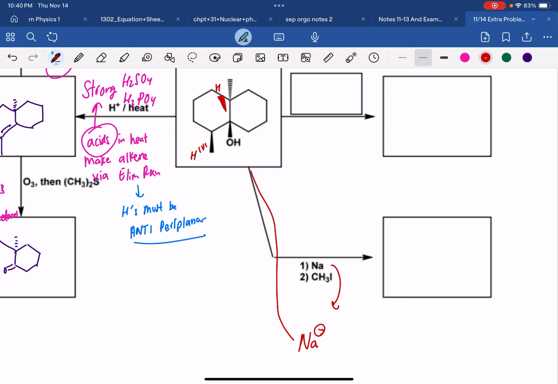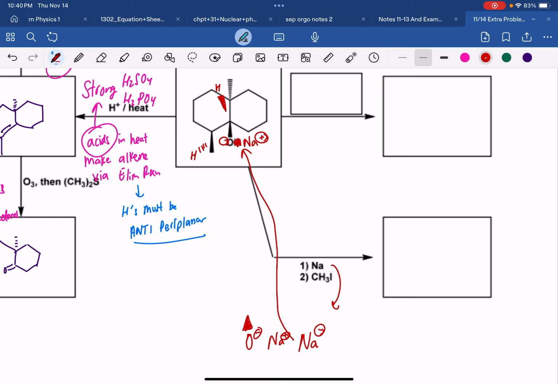And it deprotonates this, and it makes this structure into this alkoxide, O Na, where the O is minus and the Na becomes plus. So basically, it replaces the H with an Na plus counter ion.